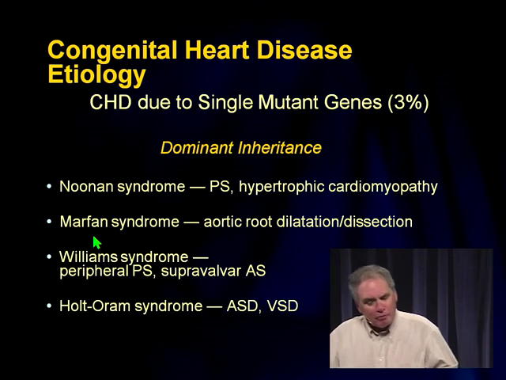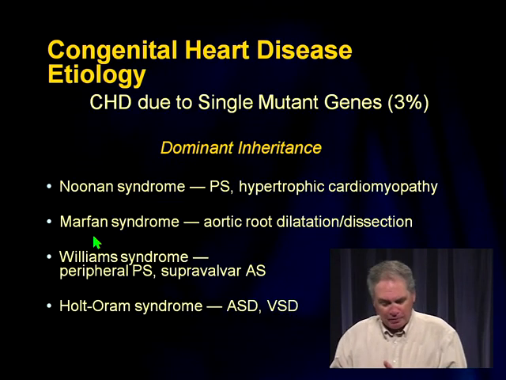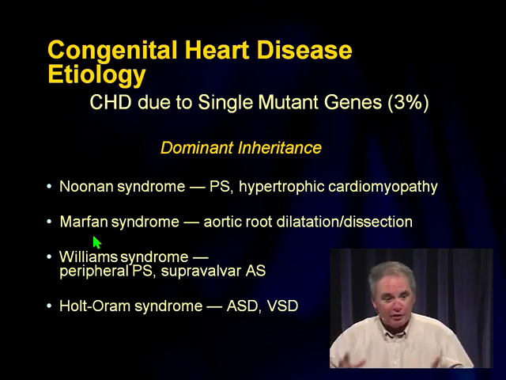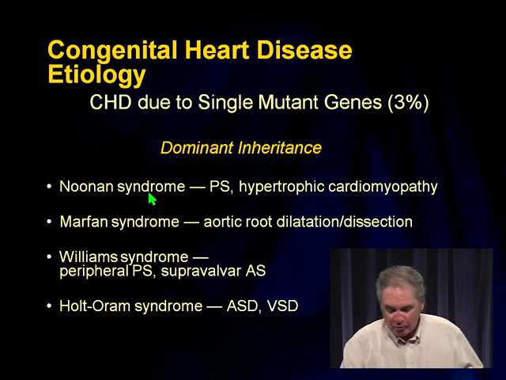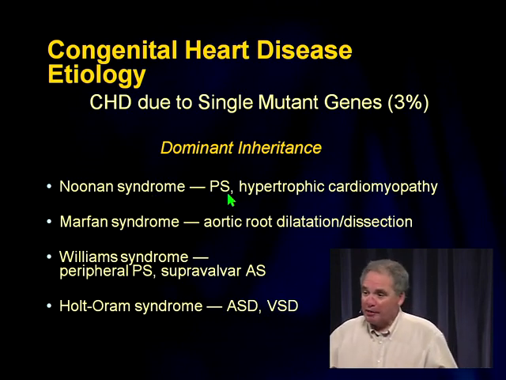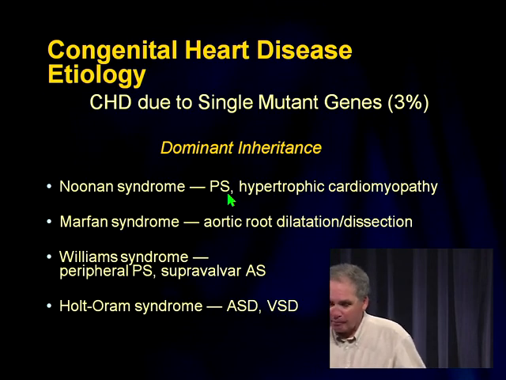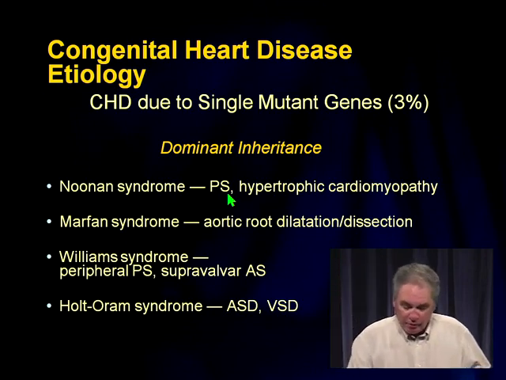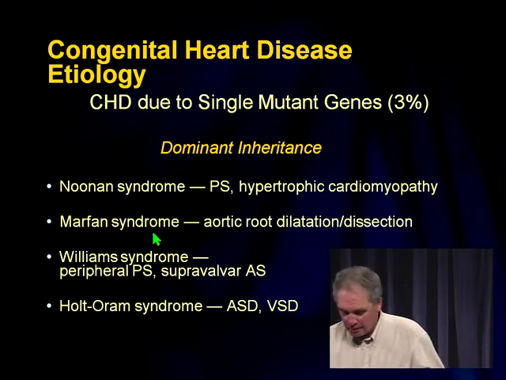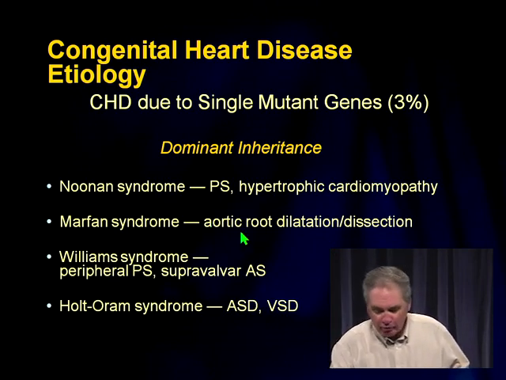Some are due to single gene mutations, and some are dominantly inherited. And these are associations you're going to need to know. Noonan syndrome, associated with valvular pulmonic stenosis, and in some young infants, a hypertrophied heart, hypertrophic cardiomyopathy. Marfan syndrome, mutation of the fibrillin gene, okay, associated with aortic root dilatation and dissection.